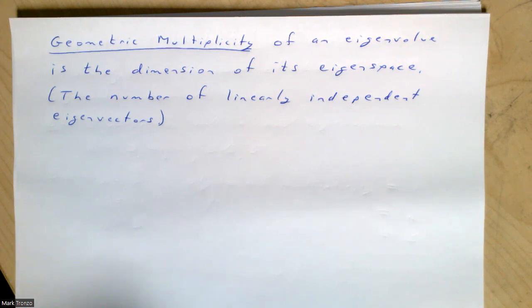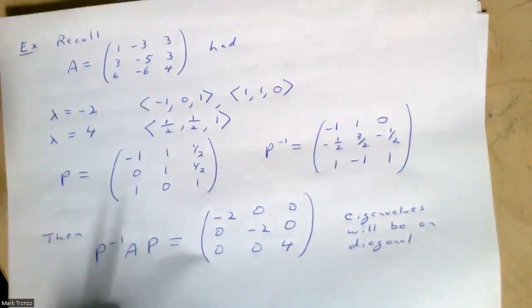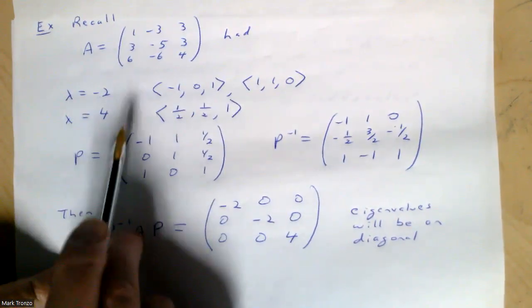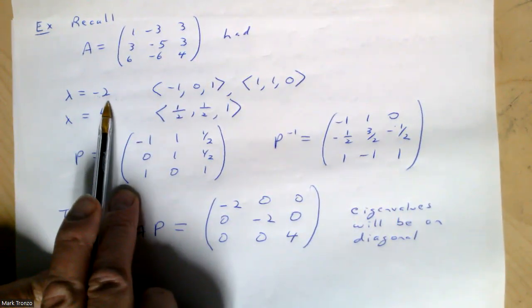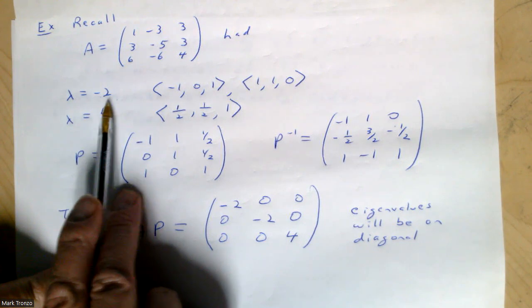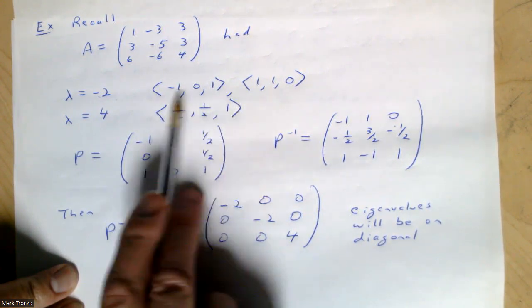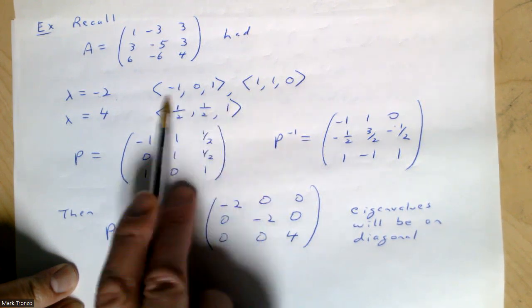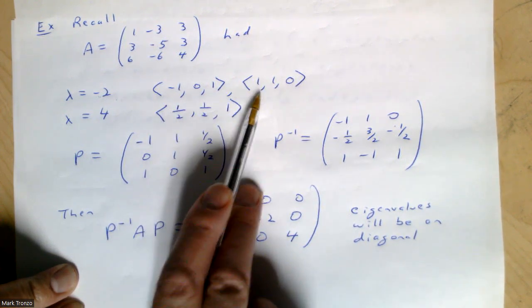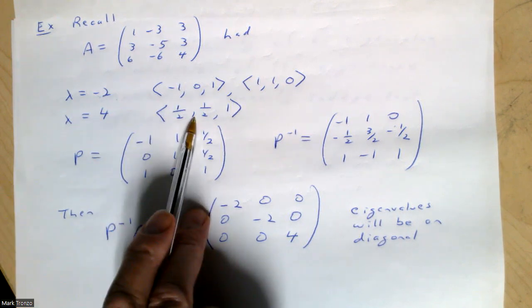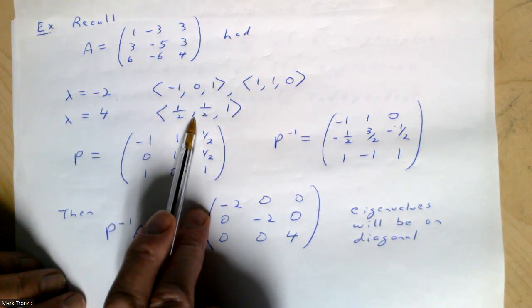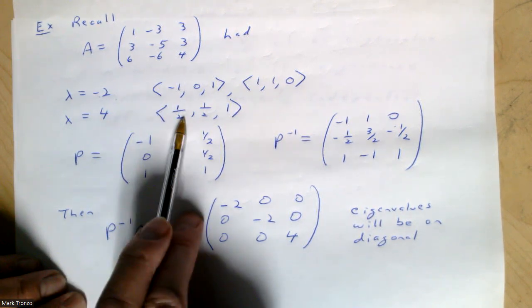So once again, looking at that example that we did a minute ago, remember lambda equal -2 had 2 linearly independent eigenvectors. So its geometric multiplicity was 2. Now 4 only had 1 linearly independent eigenvector. So that means its geometric multiplicity is 1.